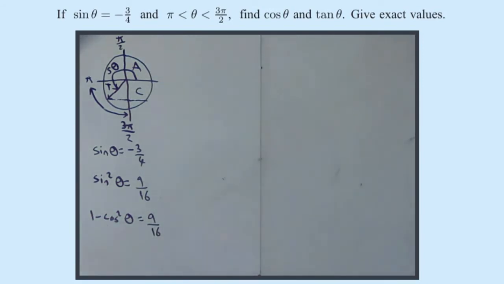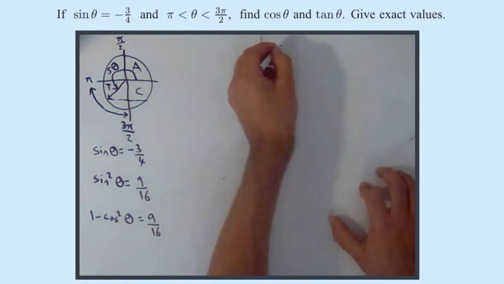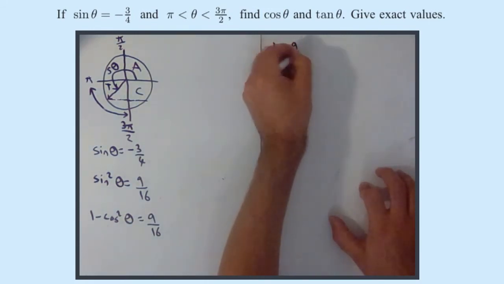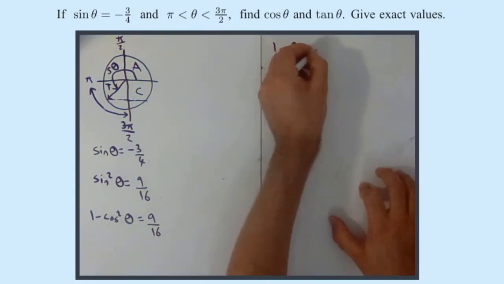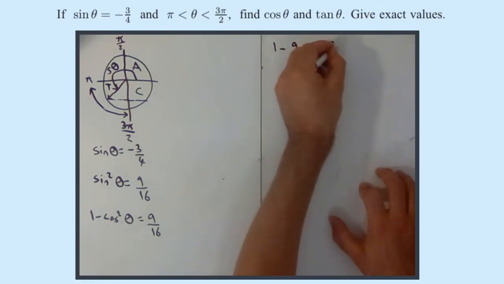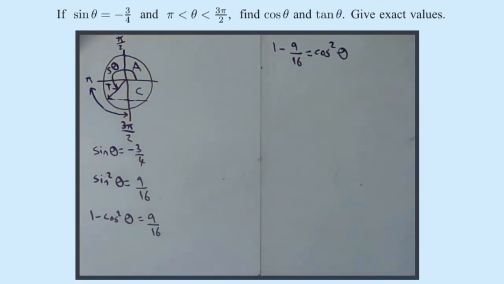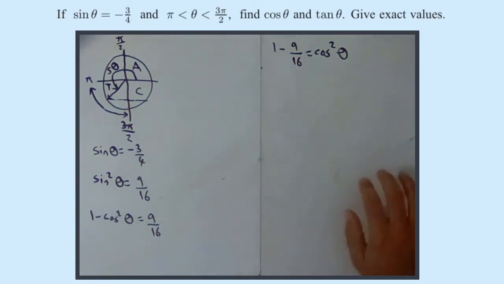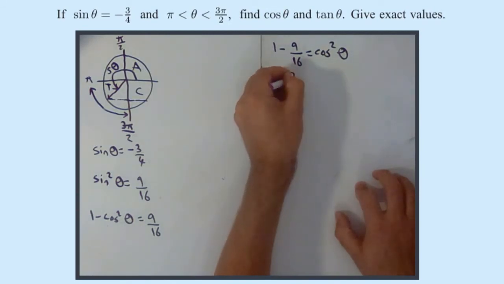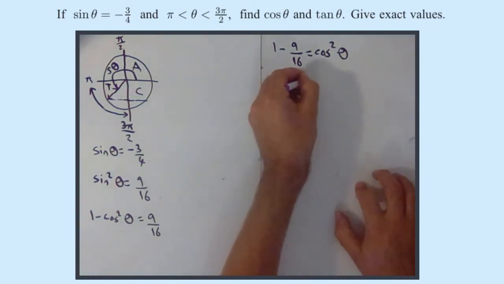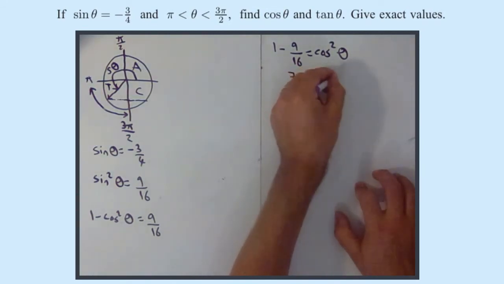Rearrange to make cos theta the subject. So it's going to say 1 minus 9/16 equals cos squared theta. Okay, so 1 minus 9/16, or that's 16/16 minus 9/16, so that leaves 7/16 equals cos squared theta.